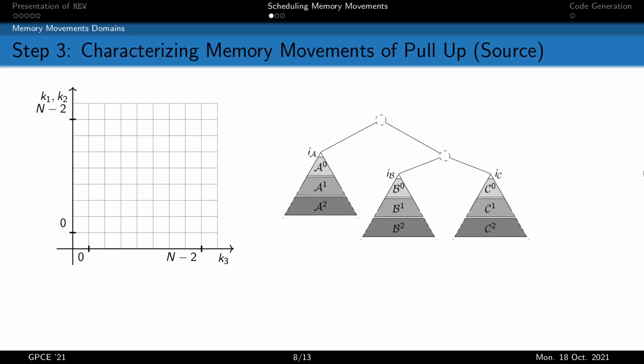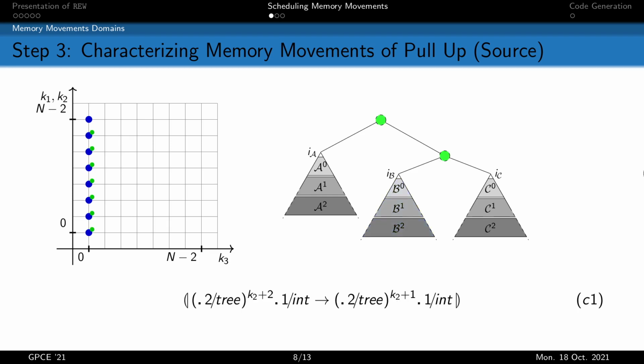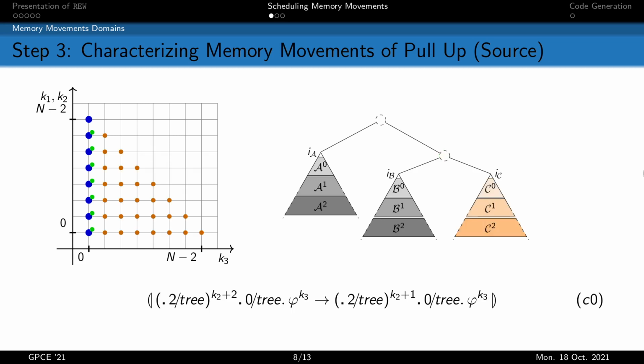Thanks to those rules, we can now map all the places we have to move and we can plot them in a coordinate system, with K as axes. The layers of B are moved as we move over the axis K1. The integers are moved along the axis K2. And C has been split in many layer movements, which can be shown as this triangle.